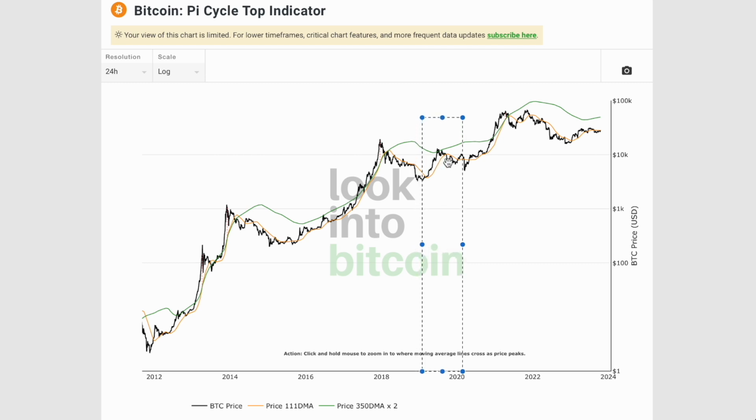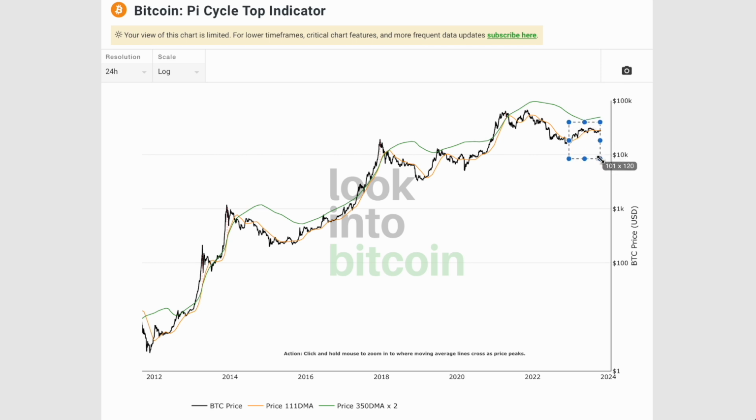So lots of oscillation around this moving average before, in the halving year, dropping below this moving average and then managing to reclaim it as a support and then holding this as a support all the way until the bull market peak right over here, where we saw a crossover which denoted this bull market peak. We held around these levels until finally rejecting at 69k and then beginning the bear market.